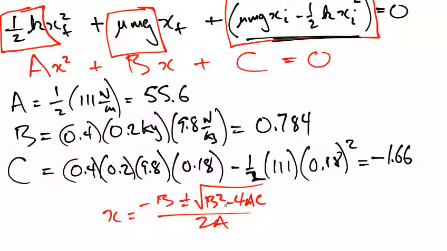Then I run my program, and my answer for x is equal to negative 0.18, or 0.166.